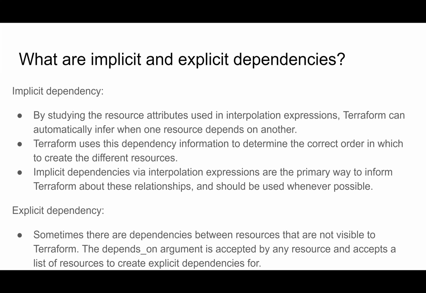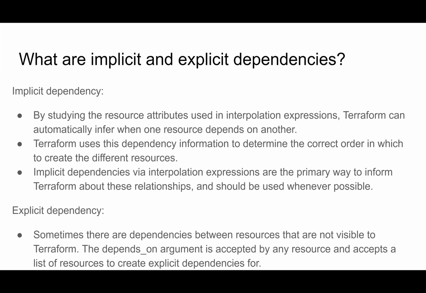We also have the concept of an explicit dependency. Sometimes there are dependencies between resources that are not visible to Terraform. A common example is an IAM policy document. So an AWS IAM policy might not be created in time for a specific resource to use that policy.